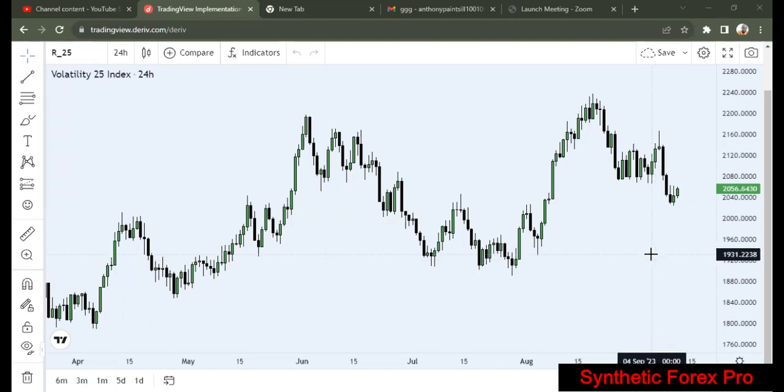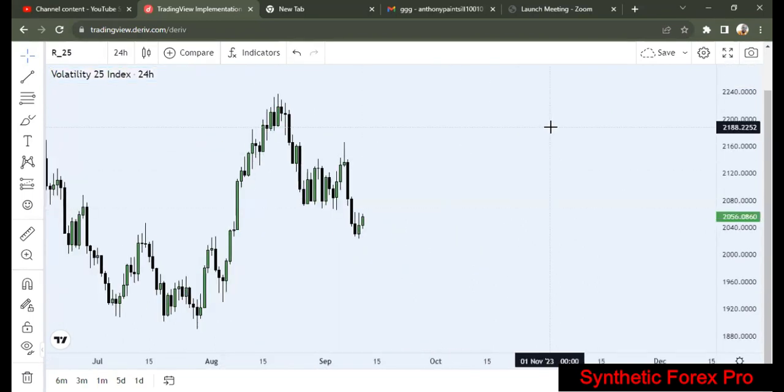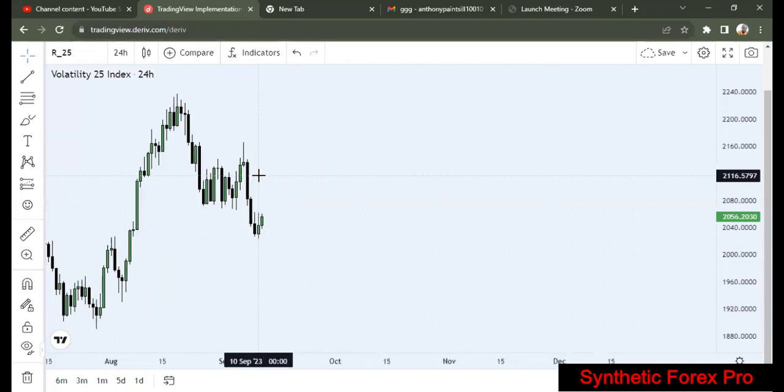Okay, so last week I gave an assignment, and a few of you answered the question. I actually pointed out to you how a swing is formed, or how a high or a low is formed.